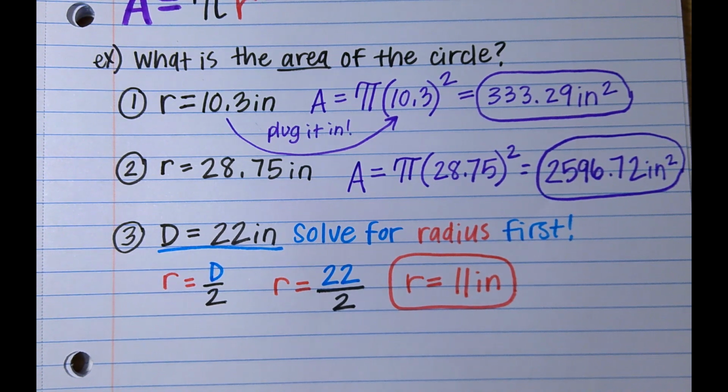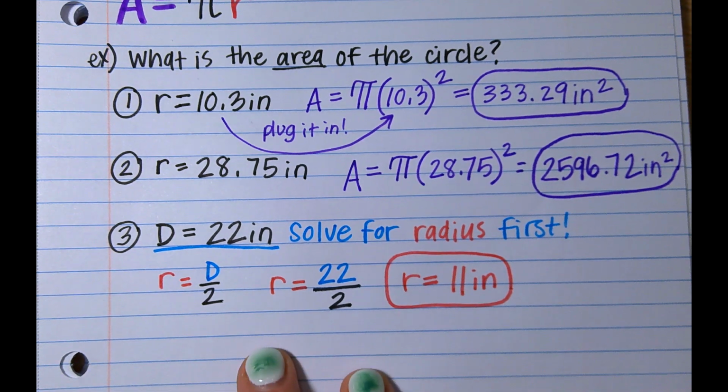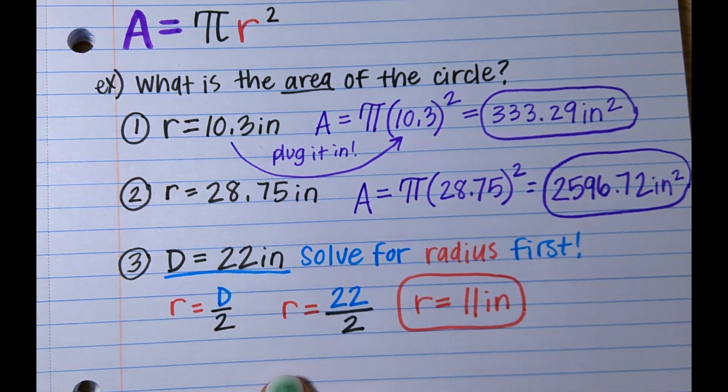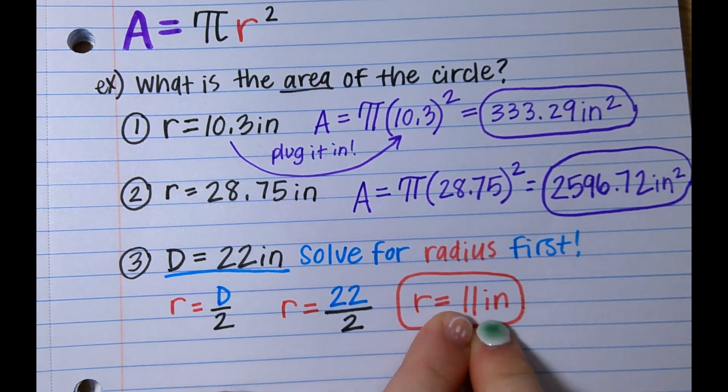Now that we have our radius, how can I find the area? Multiply what? The radius and the radius. Multiply both answers. So 11 is our answer for radius.